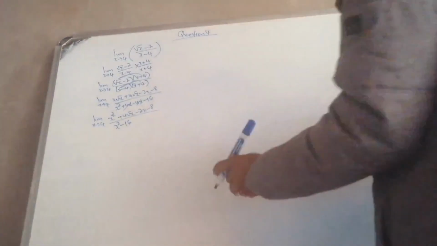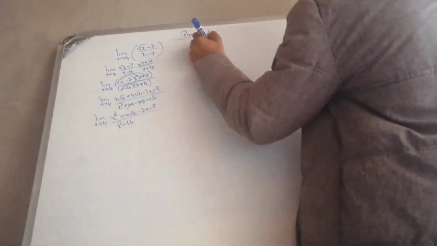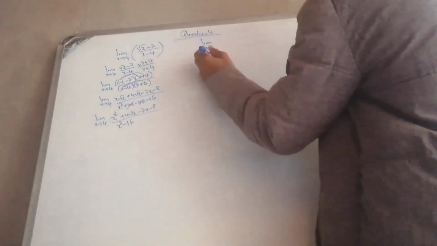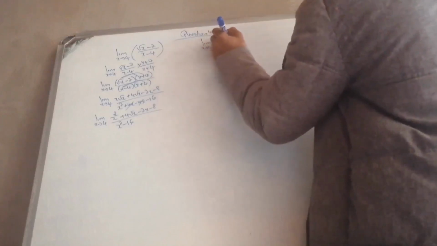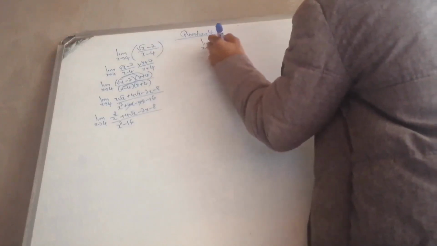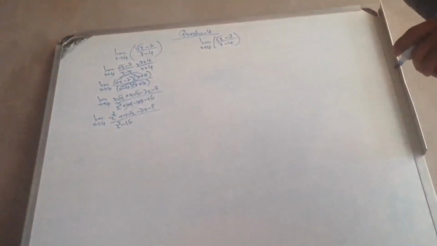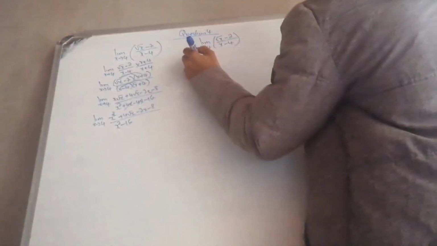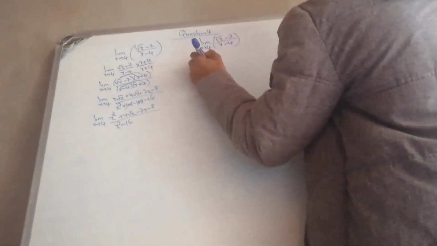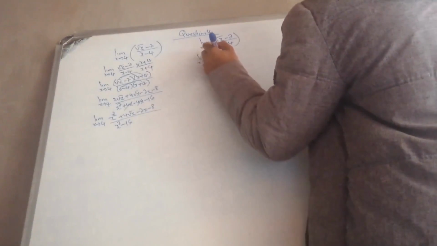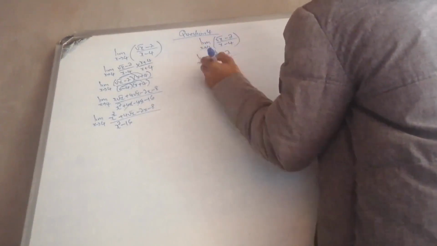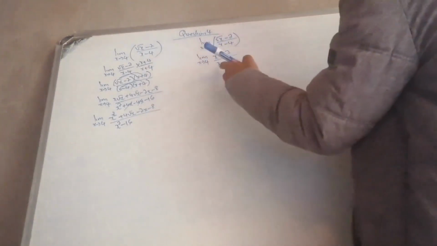But another approach: the limit as x approaches 4 of root x minus 2 over x minus 4. I can look at root x and rewrite this as the limit as x approaches 4 of x to the 1/2 minus 2 over x minus 4. Look exactly what I'm going to do here.